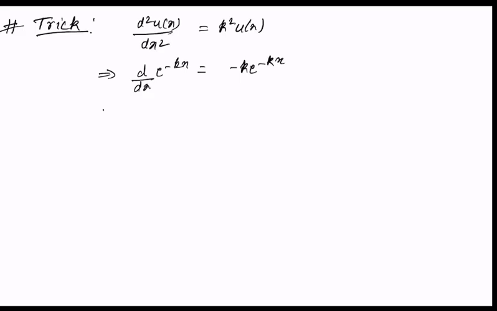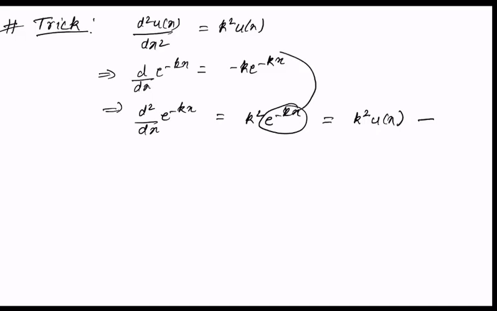And again, when you differentiate, you get the LHS of the above equation as k square e to the power minus kx, so this satisfies the original equation. So e to the power minus kx satisfies the original equation. Hence, in this way, option A is correct.